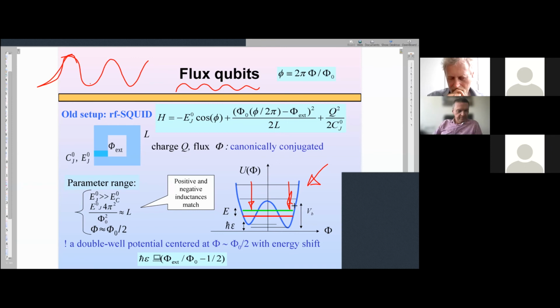A rather old idea at that time was to take a junction and put it into an inductive loop. What would be the energy in this loop? It would contain the Josephson term plus a quadratic term corresponding to this inductance.